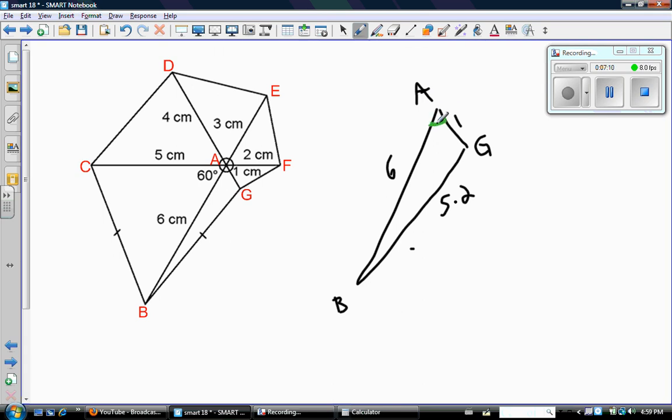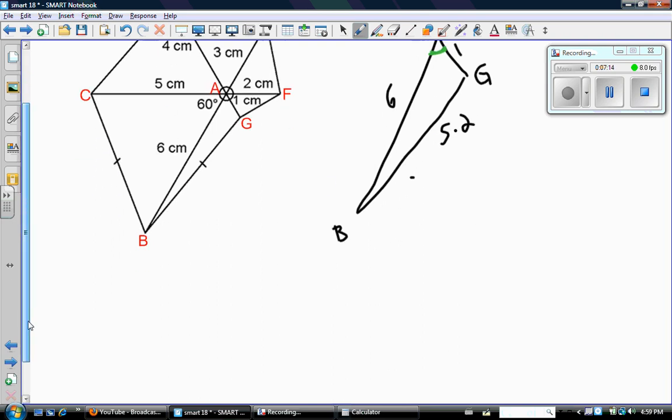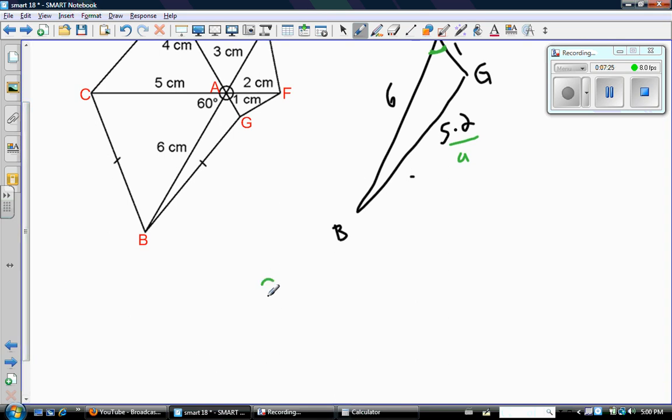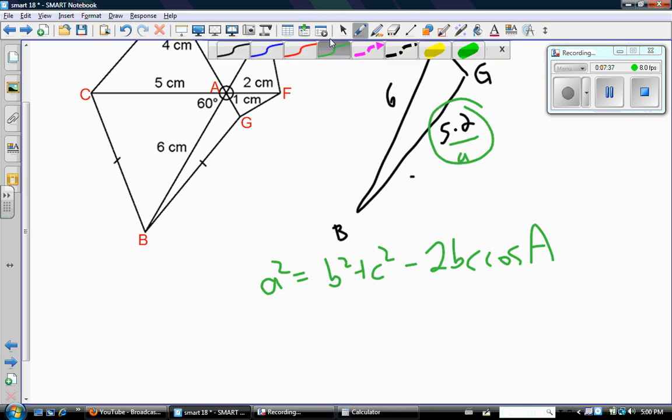And again, the way that we find angles, well, I have the 3 sides, so I have to use the cosine law. So using the cosine law, the angle that I want is angle A. So therefore, I'm going to have to use this. And again, I'm going to call this side little a. So I'm going to have to set up this cosine law: a squared equals b squared plus c squared minus 2bc cosine big A. Now this time I know that little a is 5.2.